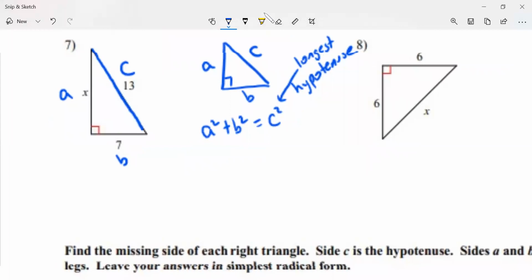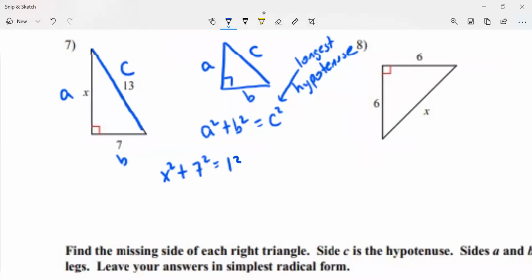So I'm just going to say X squared plus 7 squared, it's equal to 13 squared. Remember, A squared plus B squared equals C squared. Okay, I know 7 squared is 49. I know 13 squared is 169.